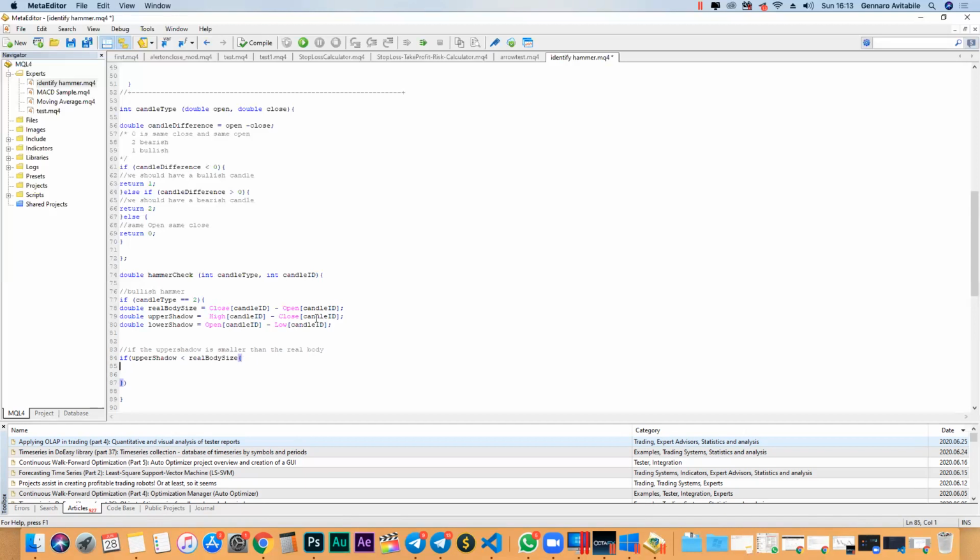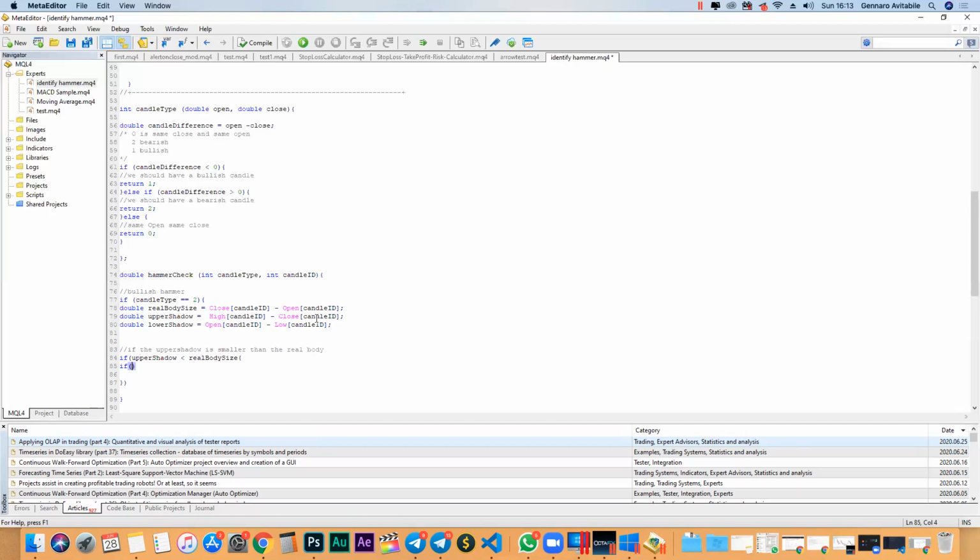So if that is going to happen, then what we need to understand is if the lower shadow is going to be 2 times, is it going to fit 2 or 3 times? So I think this is going to work.